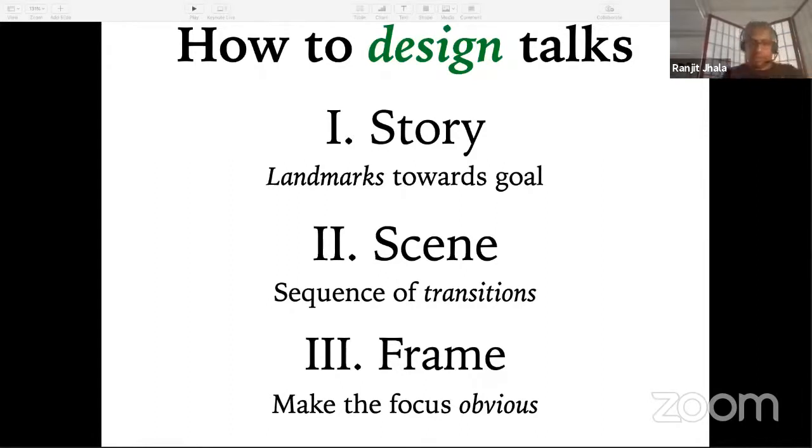Then recursively, you go inside and you build up each scene as a path between 2 landmarks. And then recursively, you drill down and you build up each scene by building up a sequence of frames that slowly builds up to the landmark for that particular scene, but where the focus is made completely obvious.